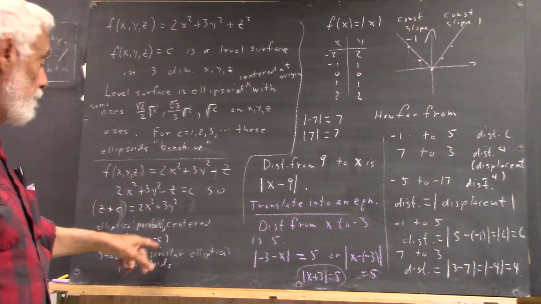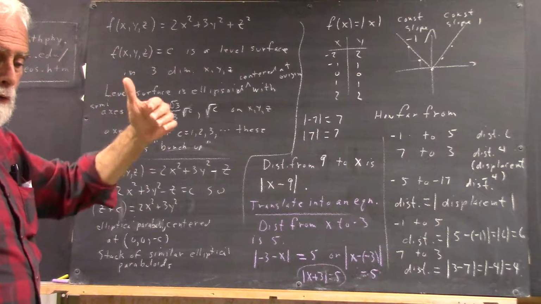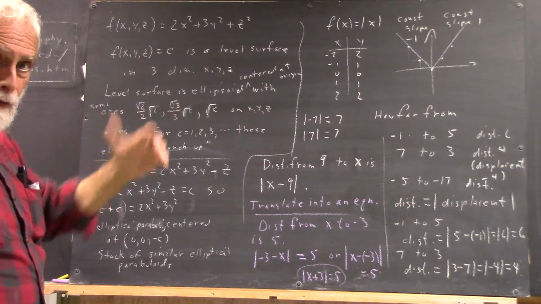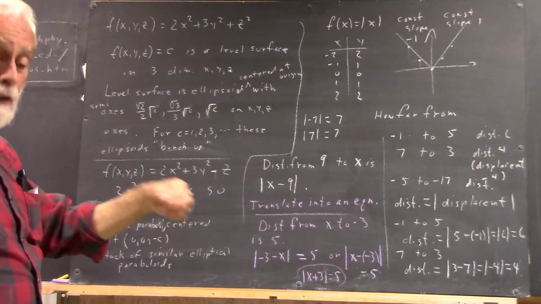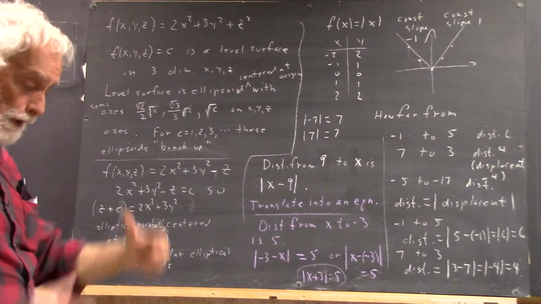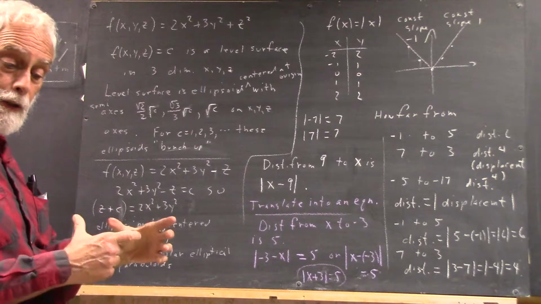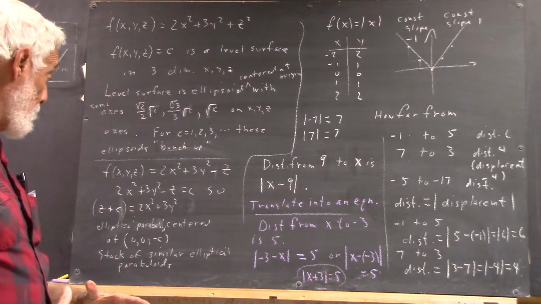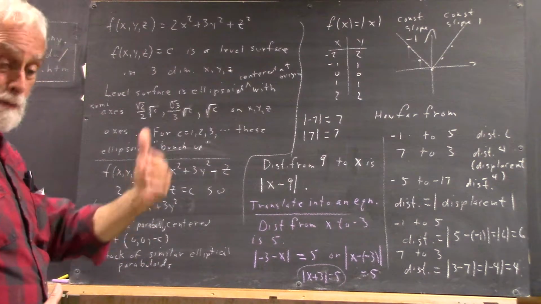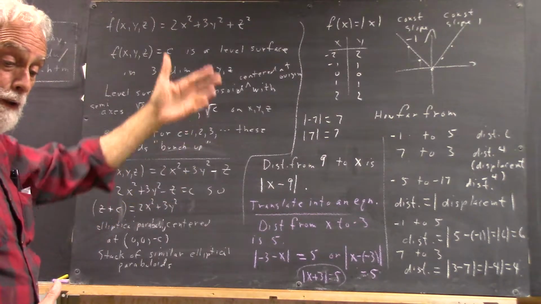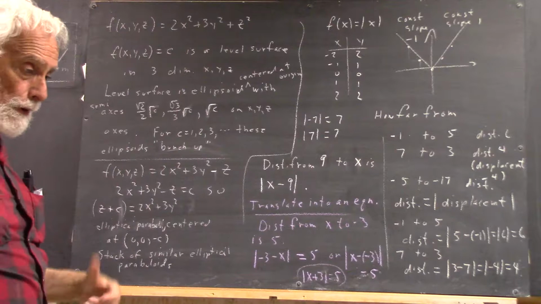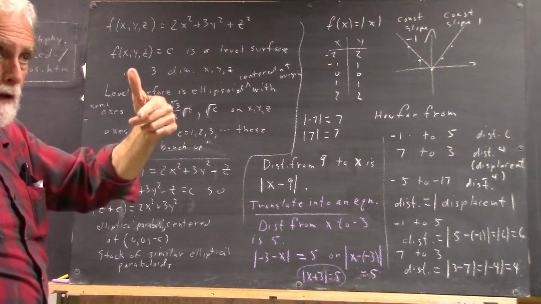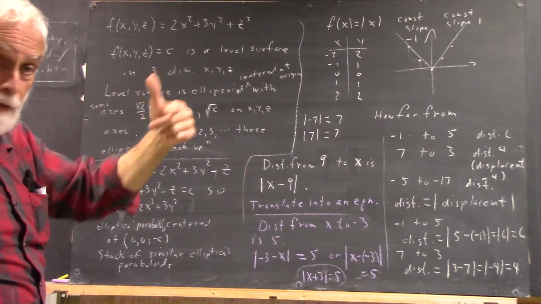So if c goes from 1 to 2 to 3 to 4, the vertices of these paraboloids will go from the z-axis, negative 1, negative 2, negative 3, negative 4. As c goes up, the vertices will go down. And as c goes into the negative numbers, so it goes 0, negative 1, negative 2, negative 3, negative 4, you'll get elliptic paraboloids with vertices along the positive z-axis.